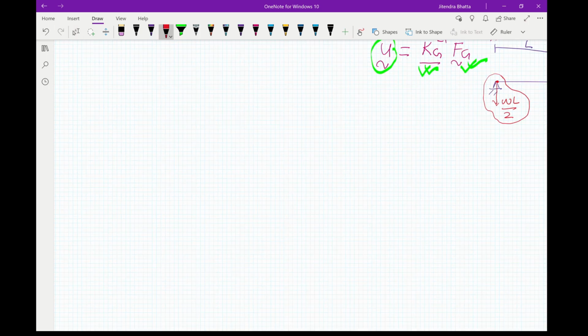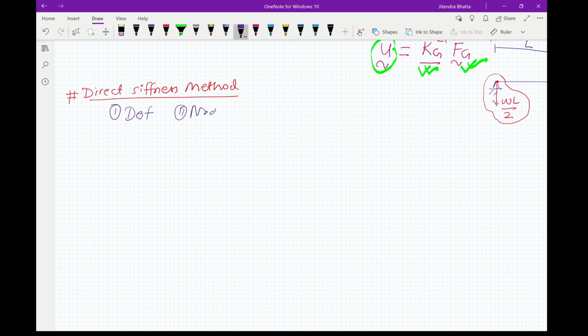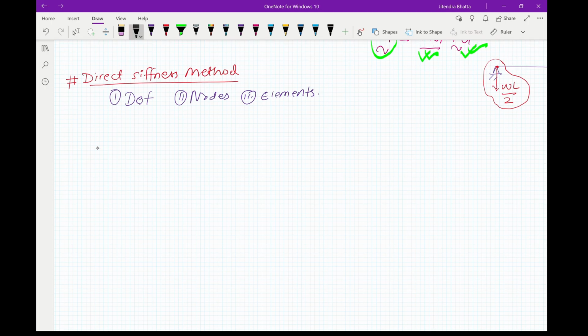Now we are going to look into the direct stiffness method. Before moving into this method, please go to my lecture 1 and get a general understanding of degrees of freedom, nodes, and elements. I can just brief you about degrees of freedom.